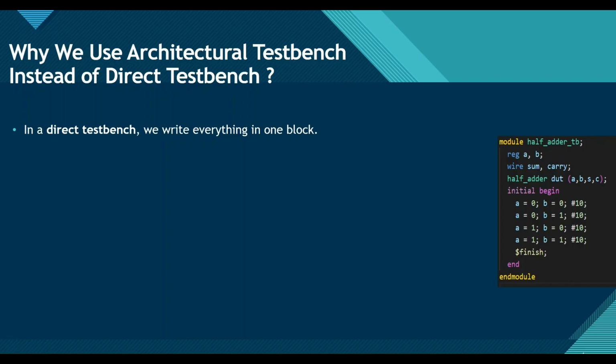Here A and B are outputs of the half adder testbench and inputs to the DUT. And sum and carry are outputs of the DUT and inputs to the half adder testbench. After declaring input and output, I instantiate the module, and inside the initial begin block, I write all the values directly. But in an architectural testbench, we generate the inputs randomly.